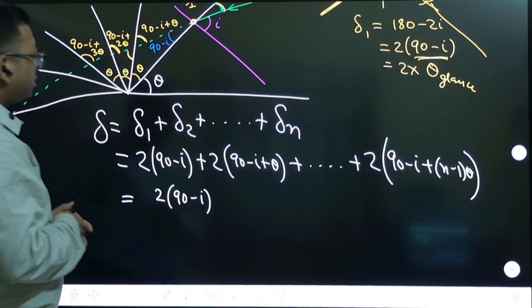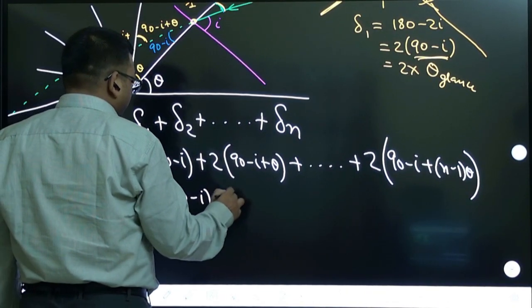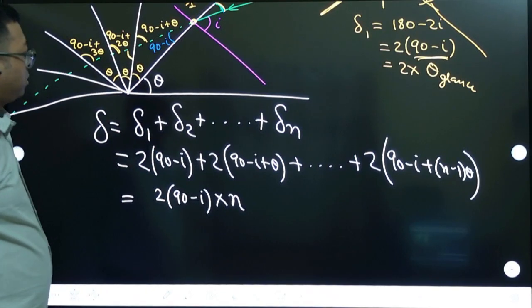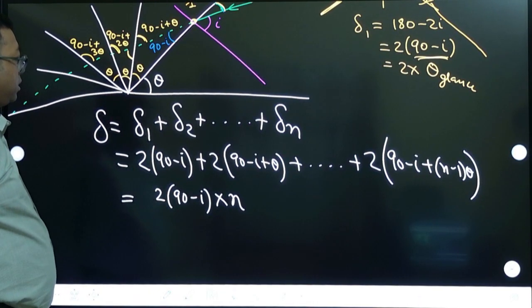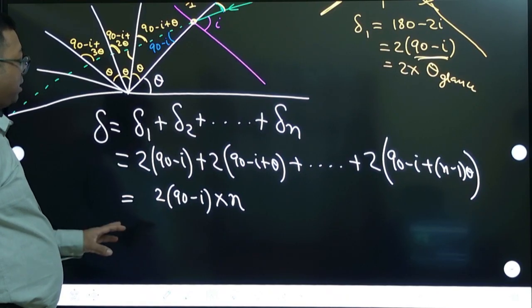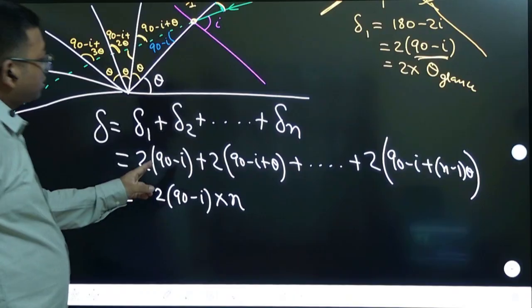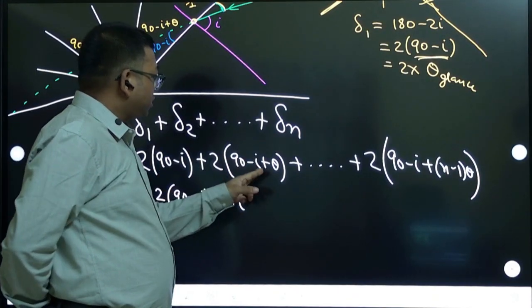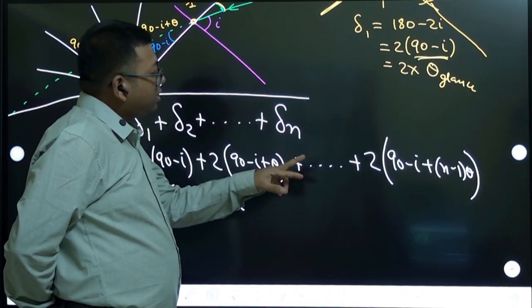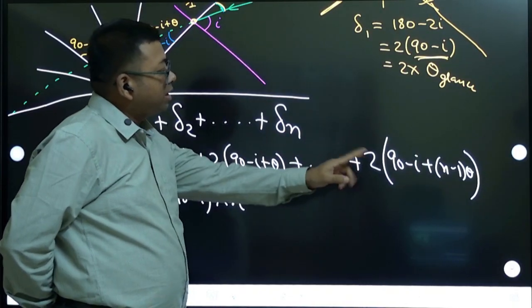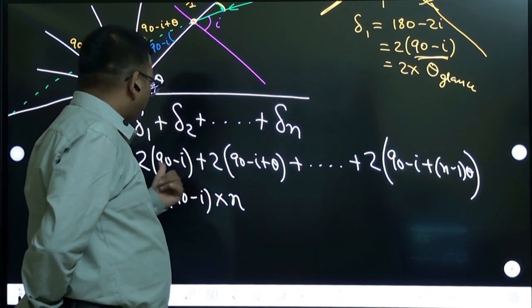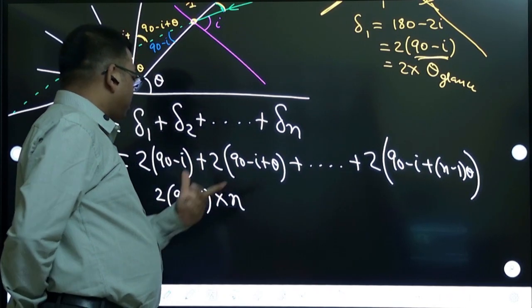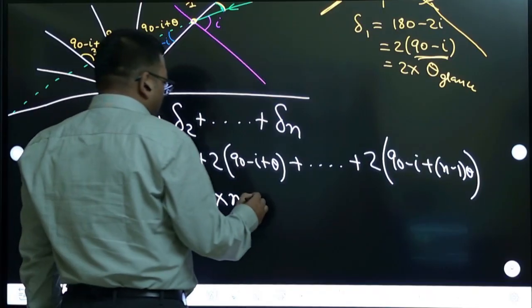It will come n times. Check that: it starts from here, then first theta comes, then up to n minus 1. So from here to here n minus 1 terms are there, and this is an extra term, so in total n terms are there. That you will do.